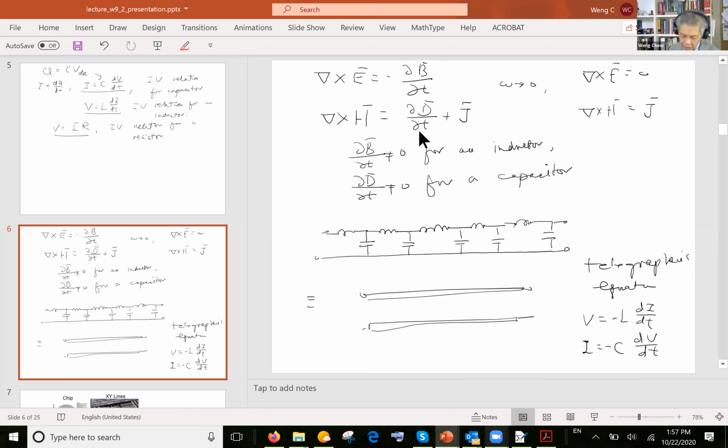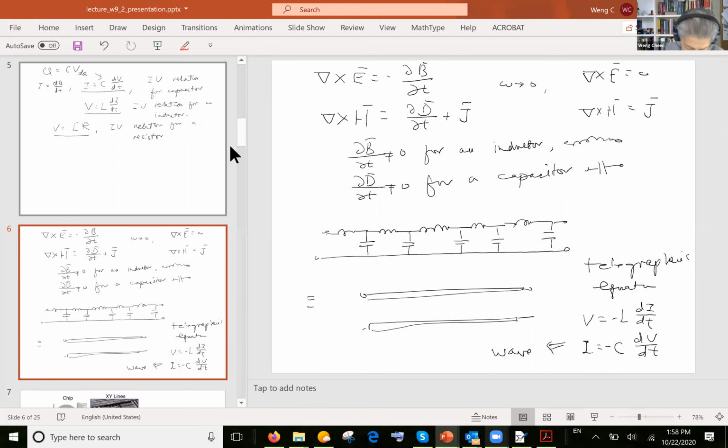From this Telegrapher's equation, we get waves. So nothing is lost in circuit theory in the sense that we can emphasize this term with an inductor, and this term we can emphasize with the capacitor. And we get back wave phenomenon.